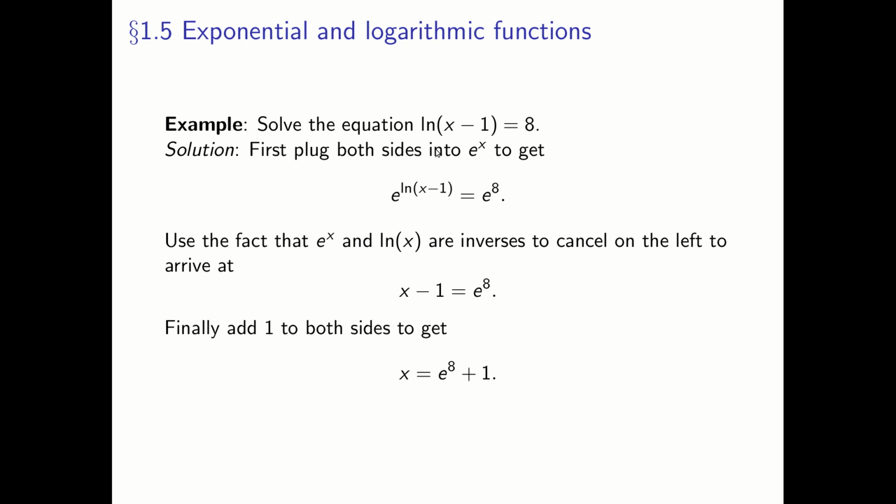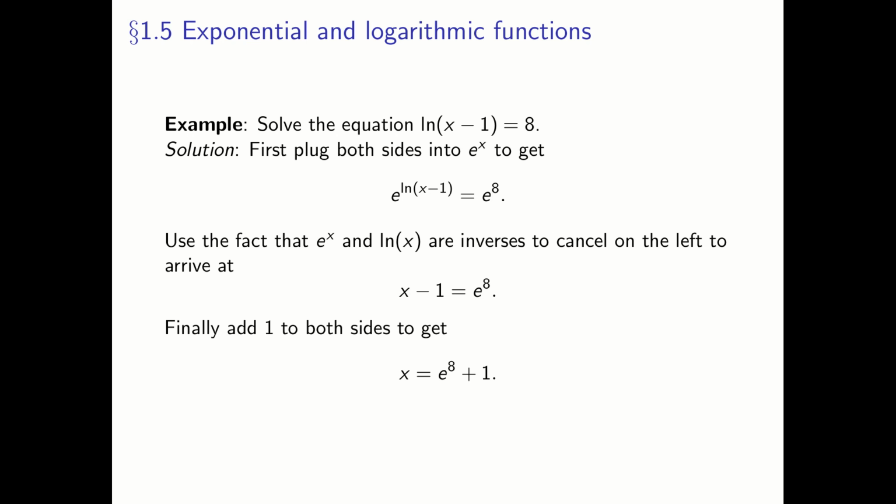So I'm going to take this left side, I'm going to plug it into e to the x, and I'll get this thing on the left, and I'll do the same thing to the right, because again I have to do the same thing to both sides, and I get this expression. But now that e and ln are next to each other, they're essentially touching, they annihilate like antimatter, and I'm left with just the thing inside the logarithm. And then I can solve this as usual. So pretty straightforward, I think.